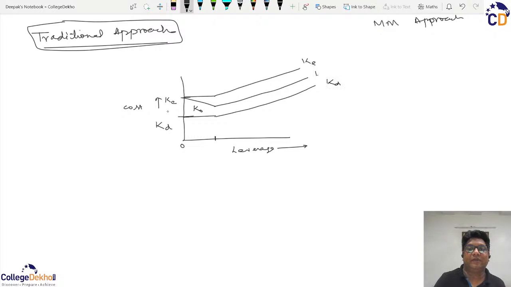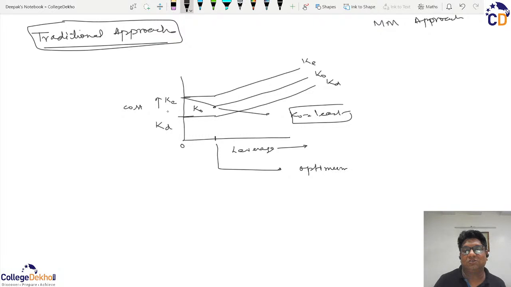So what is happening here is that this is the point where the KO will be least. And which quantum is this? They said there is a concept which is created fresh in traditional approach, that there is a concept of optimum leverage.